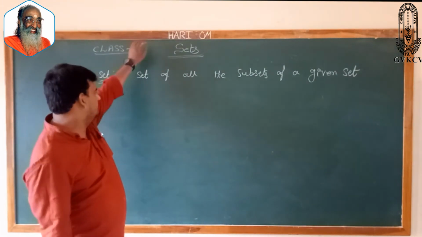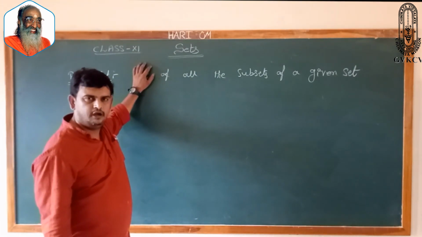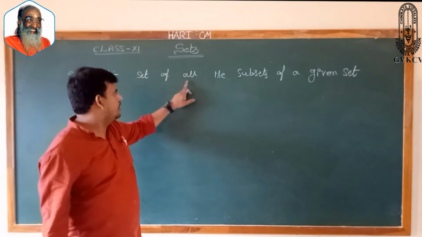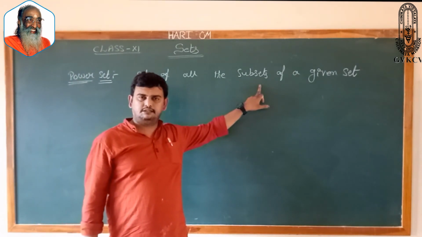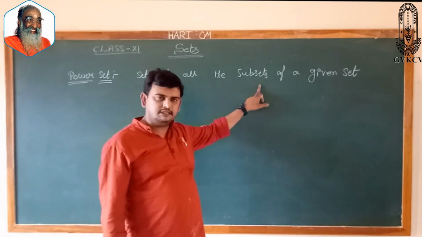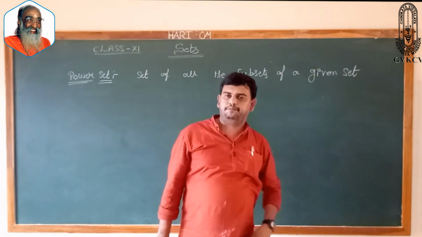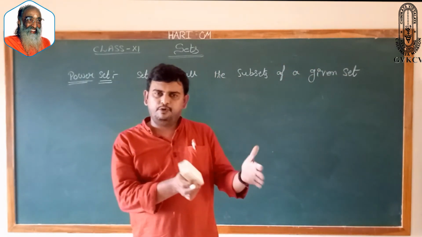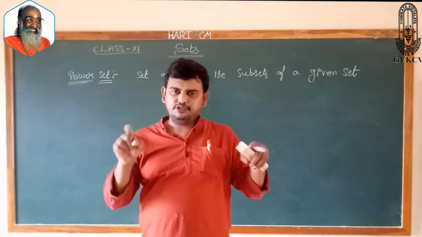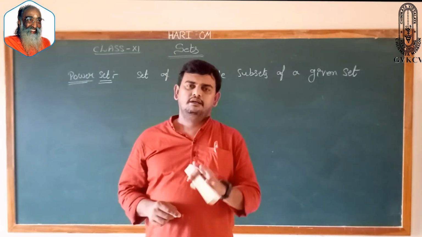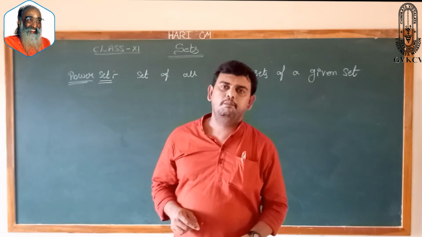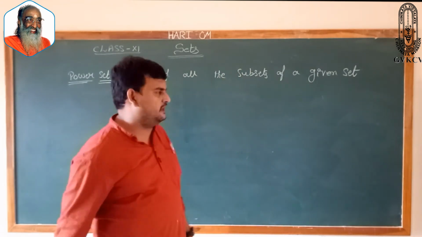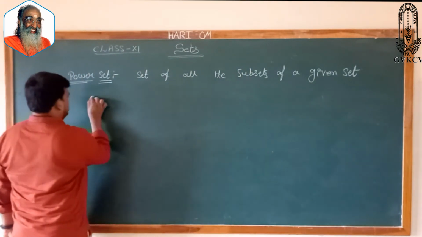The definition, just understand it. What we are talking about is a set. How are you getting the set? All the subsets of a given set. For every set we have a few subsets. All the subsets, if you consider them as a set, that set is nothing but the power set. Let me explain one example.